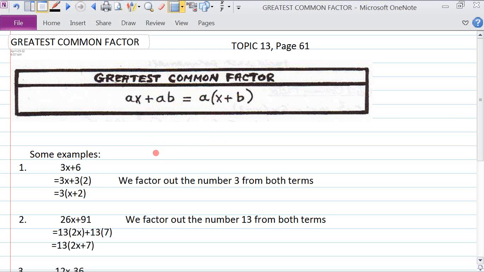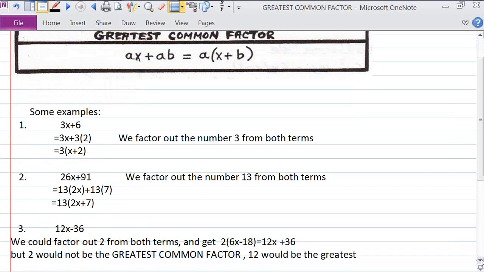So that's the generic form, and we're going to look at some very specific examples. If we take 3x plus 6, we can write this as 3 times x plus 3 times 2, and we can factor out the number 3. The number 3 appears here, and the number 3 appears here, so we factor it out. 3 times x gives us 3x, and 3 times plus 2 gives us plus 6.